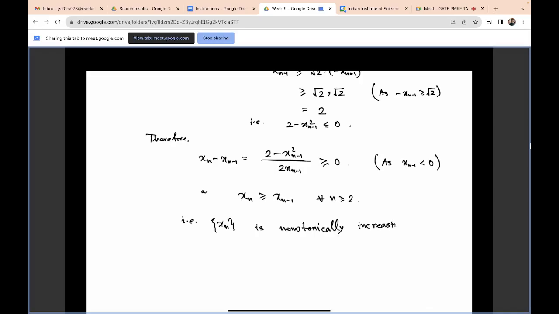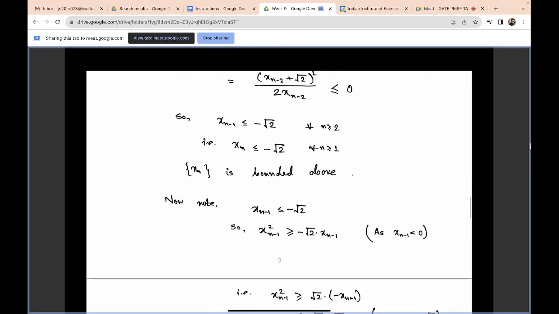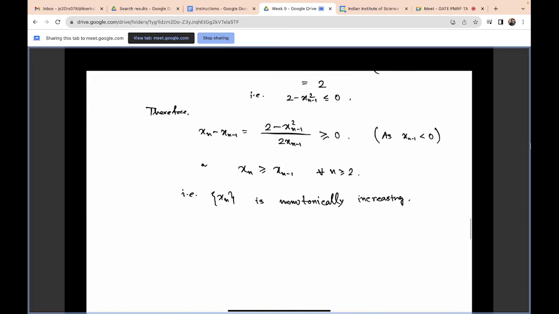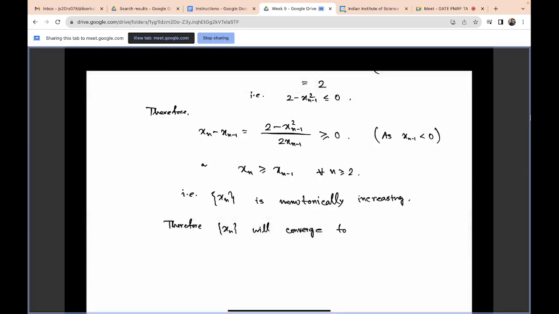So xn is a monotonically increasing sequence which is bounded above, so xn will converge to some number, let's say L again.